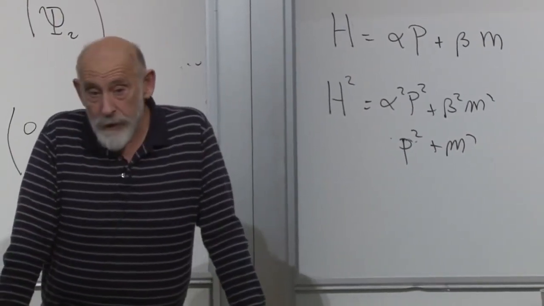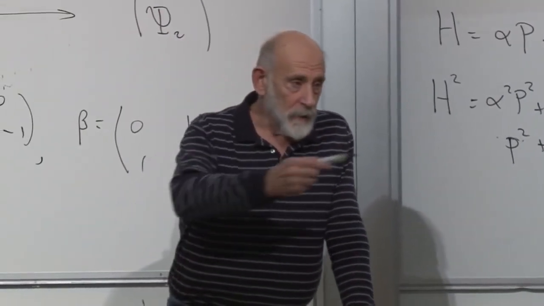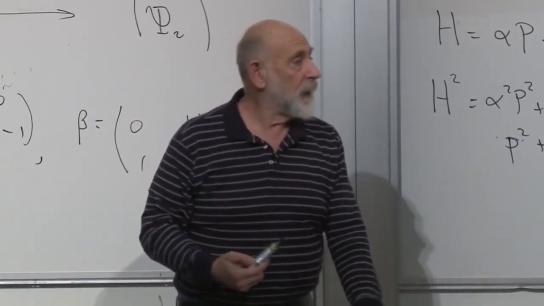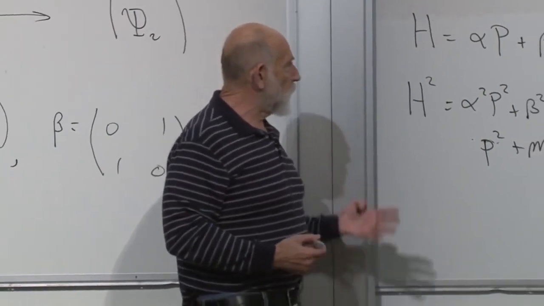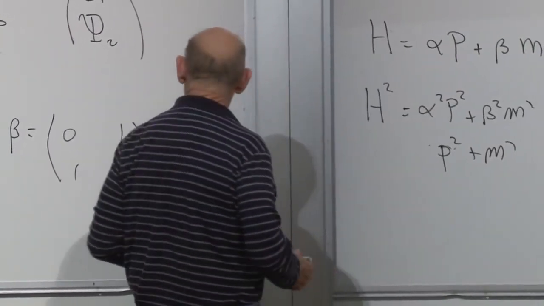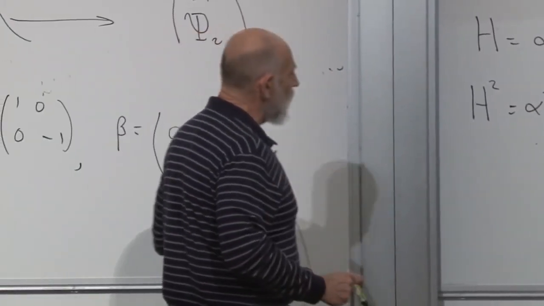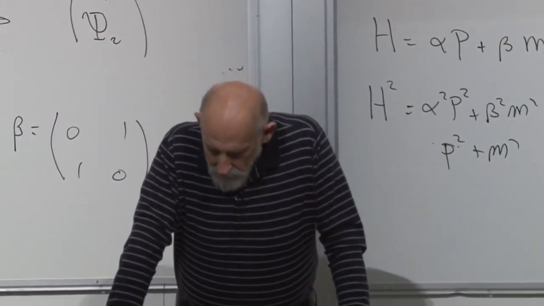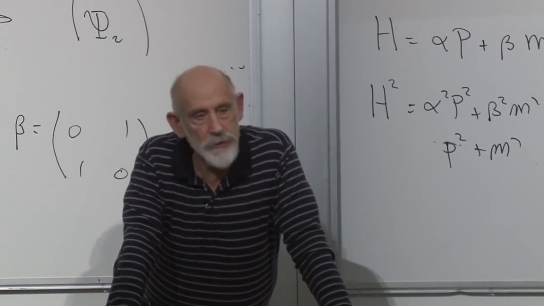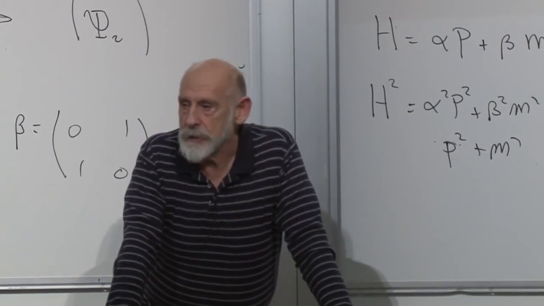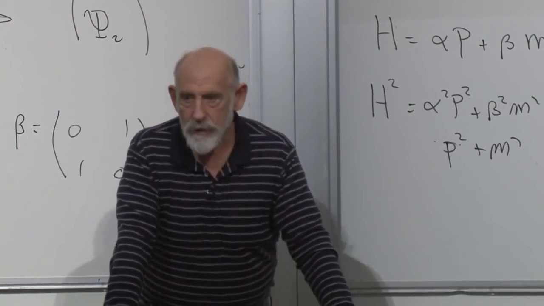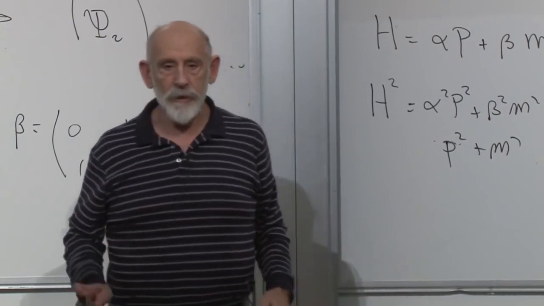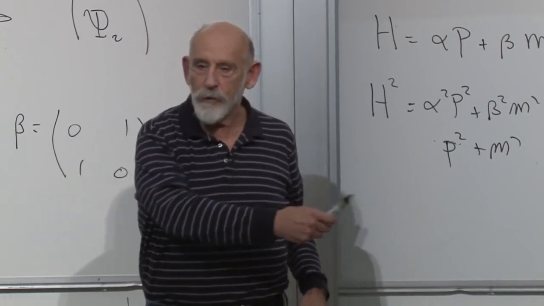Okay, so we managed by combining a left moving and a right moving, and then coupling the left moving and the right moving through this matrix beta. The matrix beta does couple them together. We end up with a particle with a mass. It's in this sense that a mass term in the Hamiltonian is something which sort of switches you from left moving to right moving.